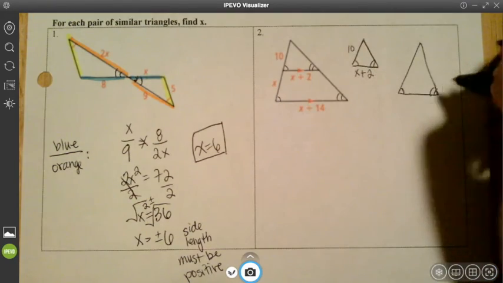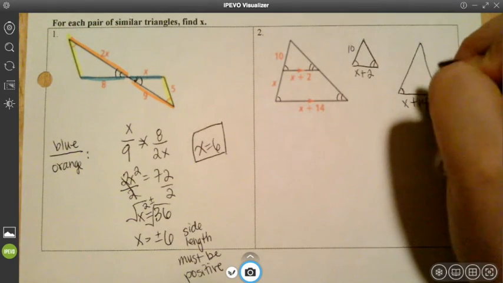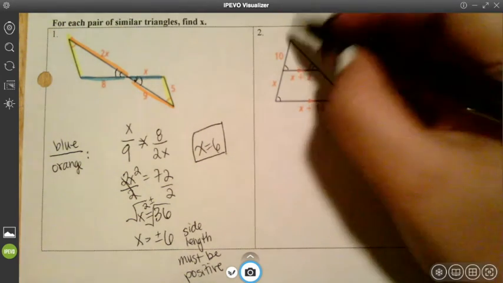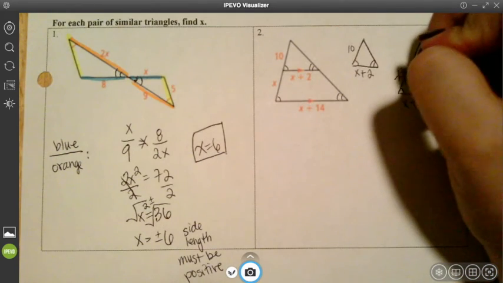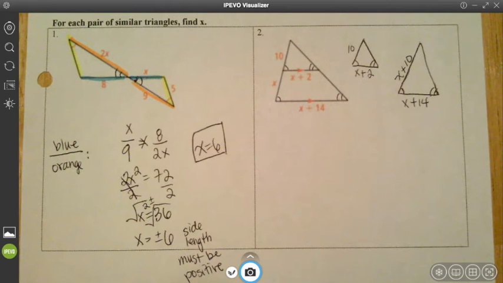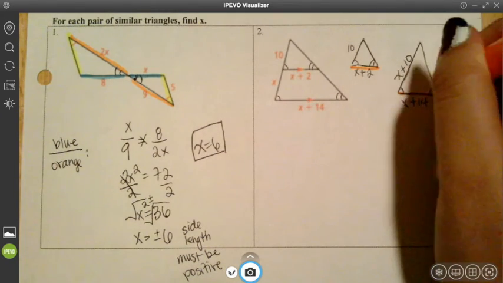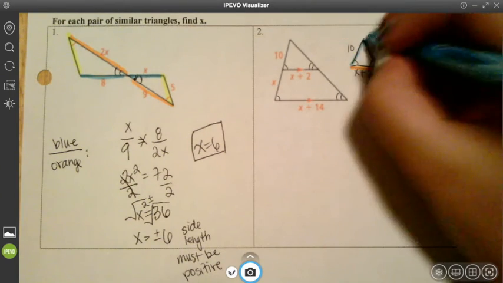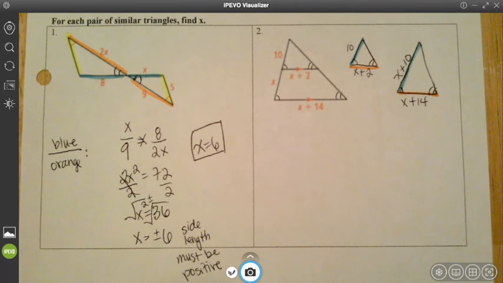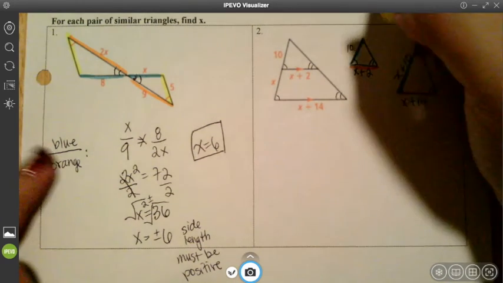My larger triangle, I have x plus 14. But this side length is this whole length here. So it's not x, but it's x plus 10. Between 1 and 2 congruence marks. Next to 1 congruence mark. Next to 2 congruence marks.